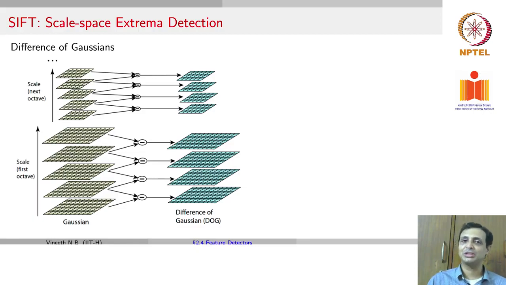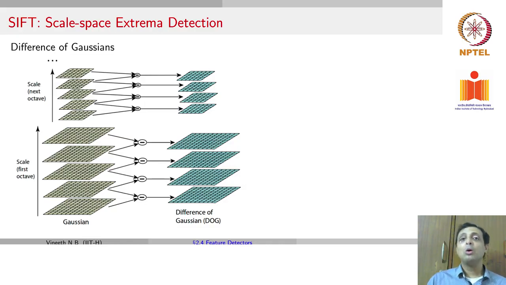Please go back and refresh your lecture on Laplacian. We said whenever the Laplacian assumes a zero value and it's surrounded by some intensities, you can assume that there is edge information there. So we ideally want to use a Laplacian to be able to obtain the information of corners and edges in the image.